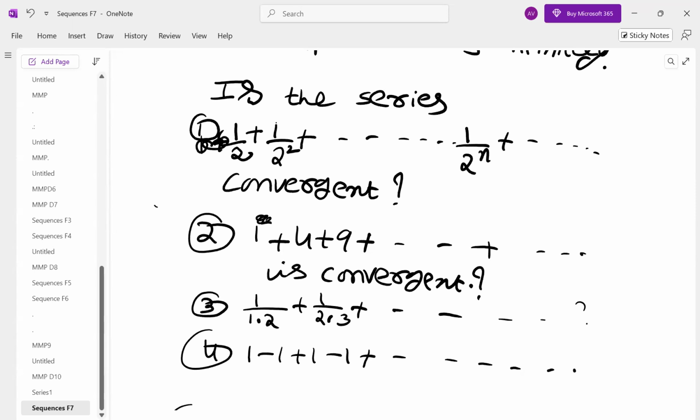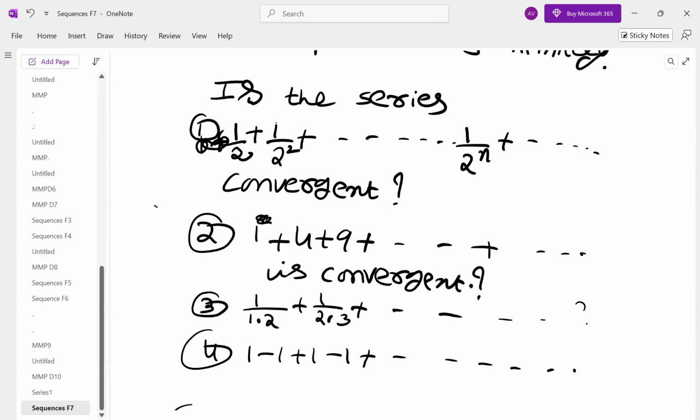And when you look at 1 minus 1, 1 minus 1 and so on, this is called an alternating series, because we have alternating plus and minus. So this methodology of nth partial sum is valid whether it is a positive term series or an alternating series. In all cases, this is valid.